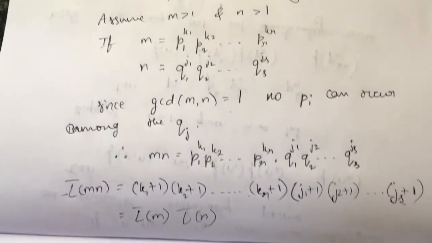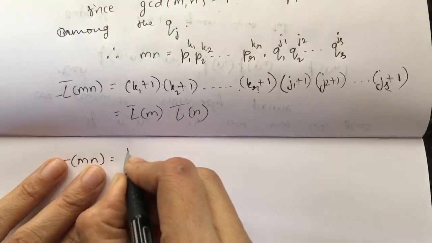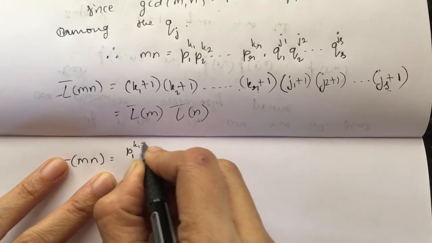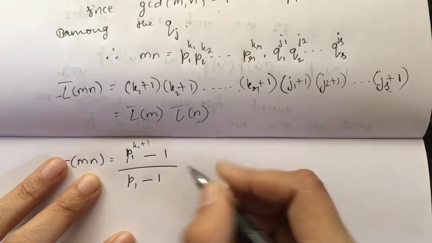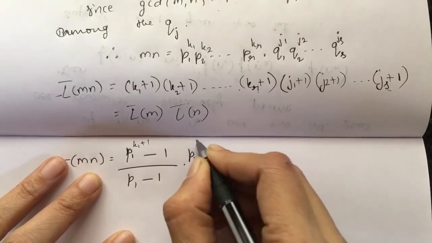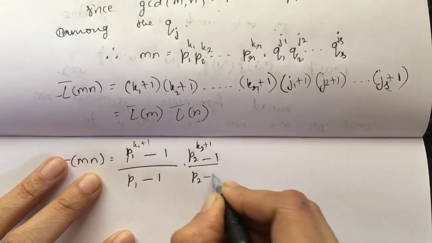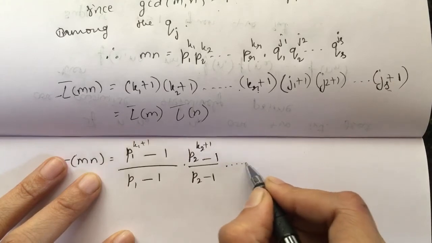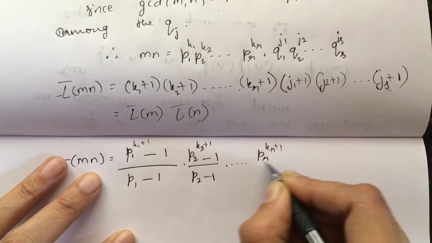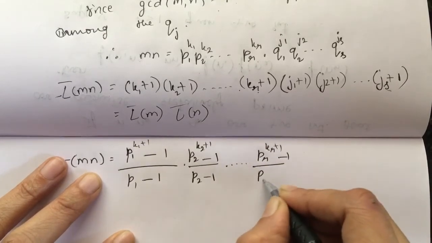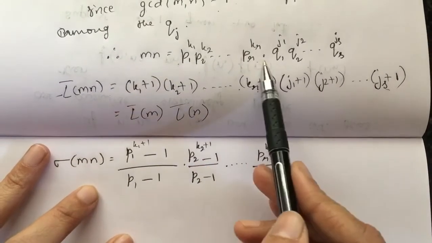I have mentioned it in my previous video, so I'll just directly write the values: p1 power k1 plus 1 minus 1 divided by p1 minus 1, into p2 power k2 plus 1 minus 1 divided by p2 minus 1, like that, into pr power kr plus 1 minus 1 divided by pr minus 1. This is for this much.